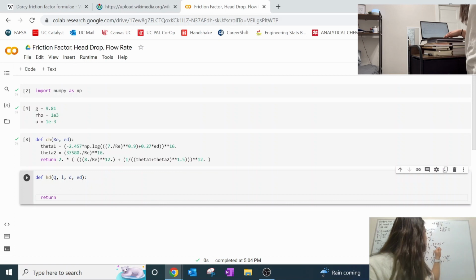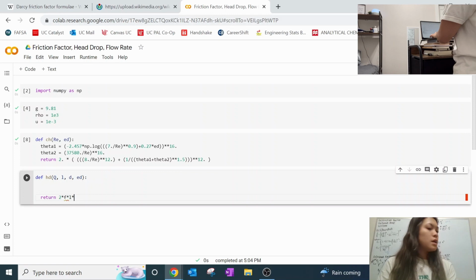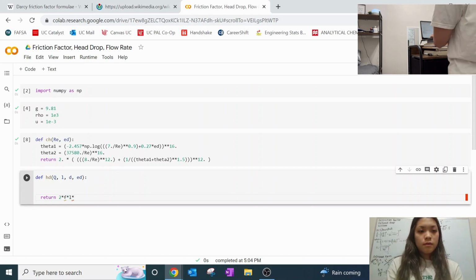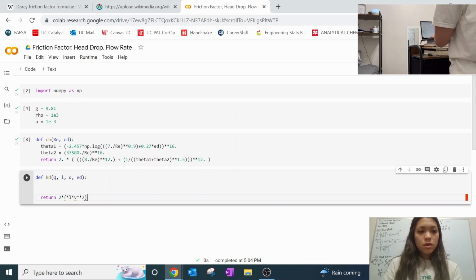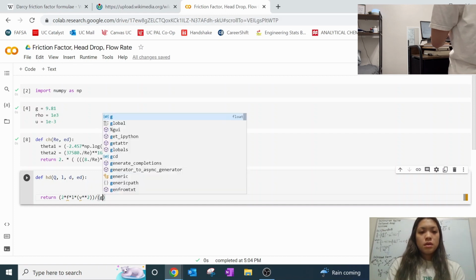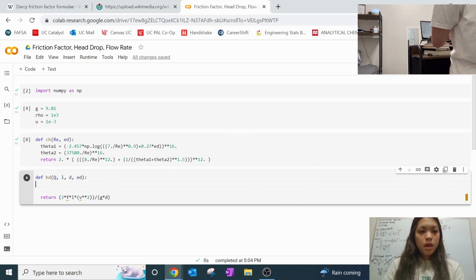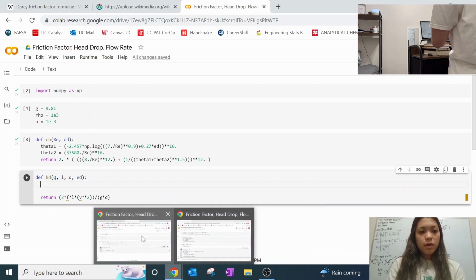And so we want it to return 2 times the friction factor times the length times the velocity squared, and this is divided by gravitational acceleration times the diameter.